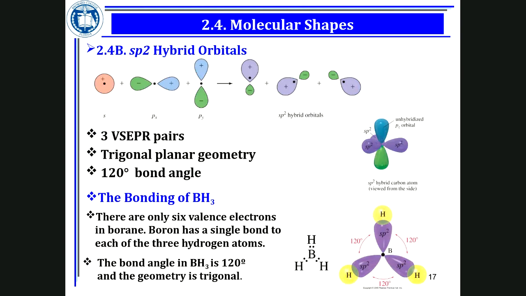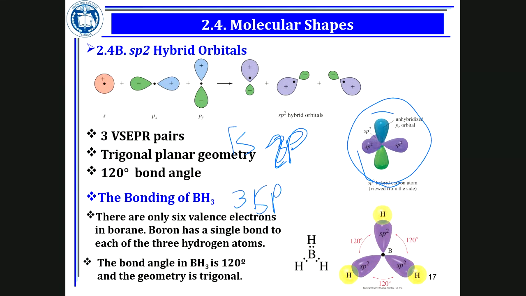sp2, here's the shape for sp2. The blue and the green color here are the unhybridized p orbitals. So basically, one s orbital and 2 p orbitals from carbon are forming 3 sp2 orbitals, each one with 1 electron.